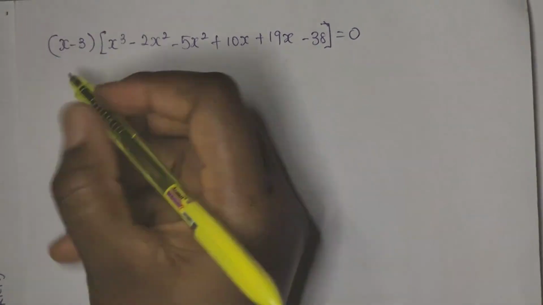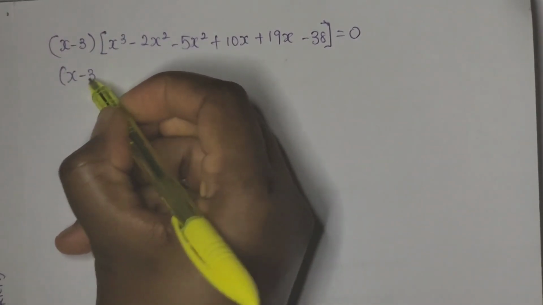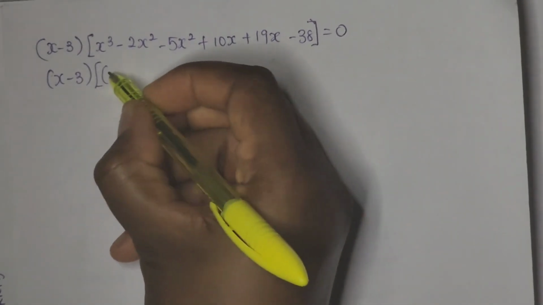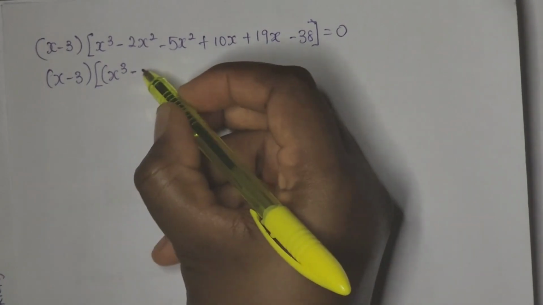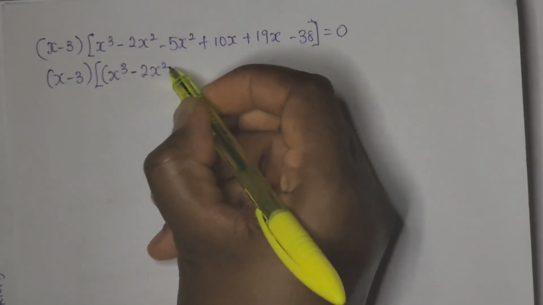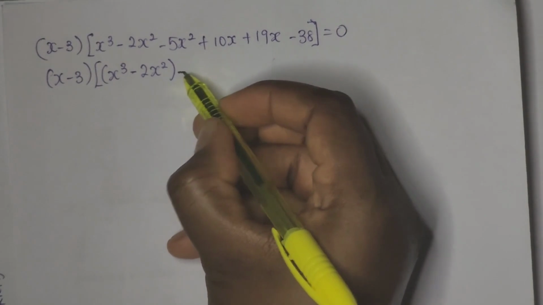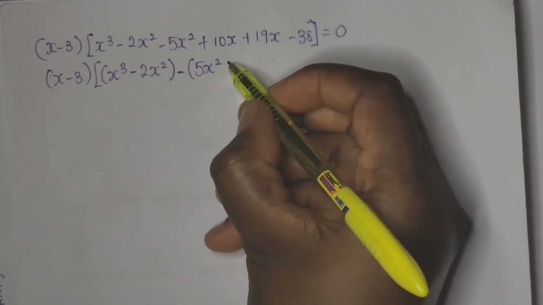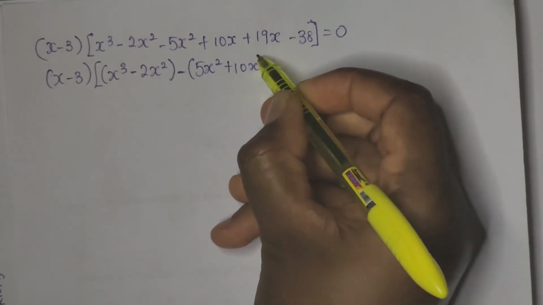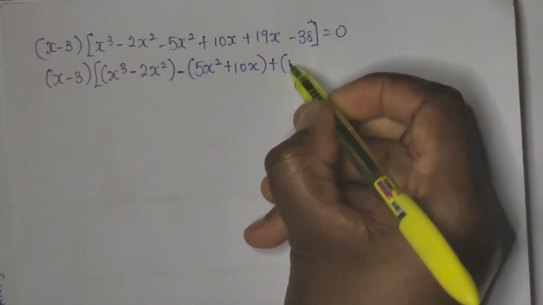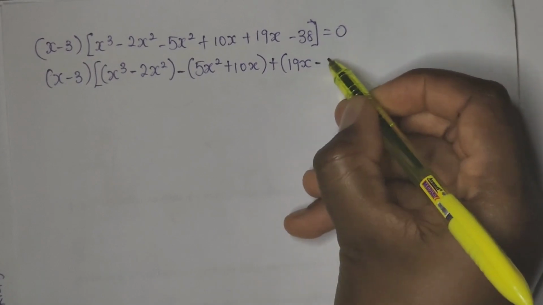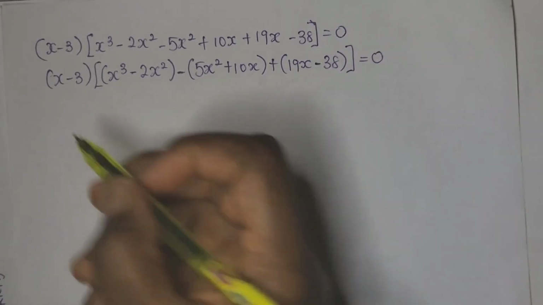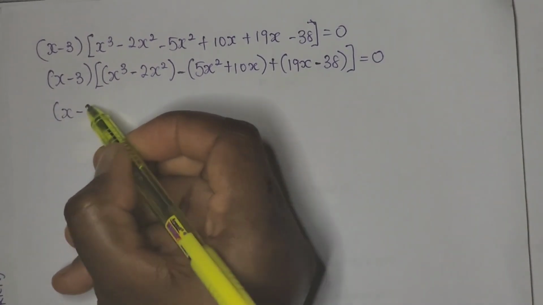So from here, we have x minus 3, we have x to the power of 3 minus 2x squared minus 5x squared plus 10x plus 19x minus 38, all equal to 0. So you have x minus 3.